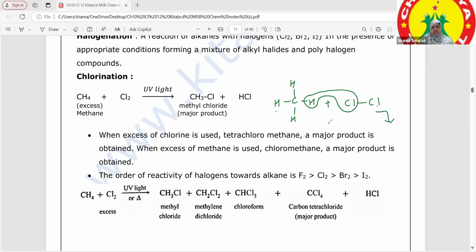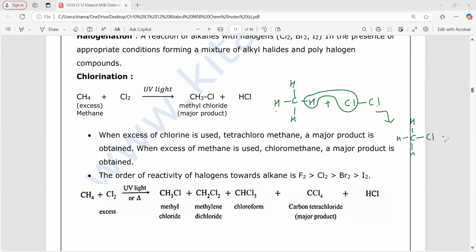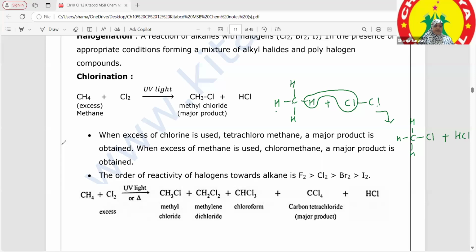You will get CH3Cl, and plus HCl. That's it. So this is one reaction, and another reaction I'll let you know.